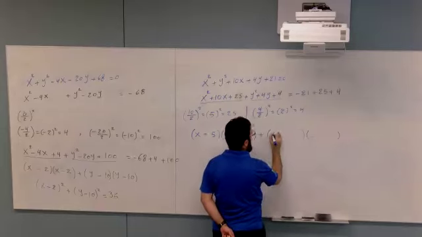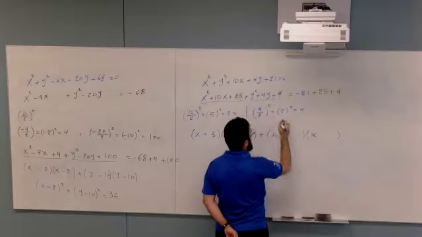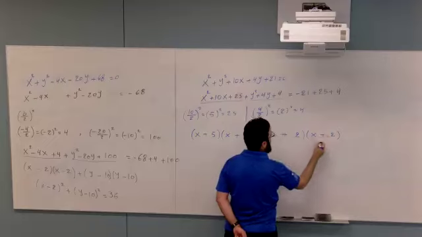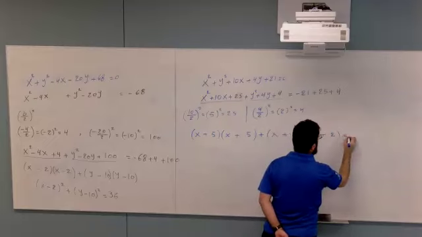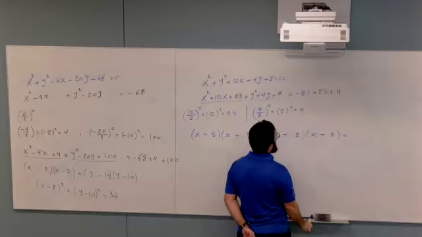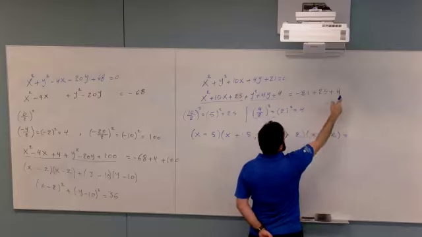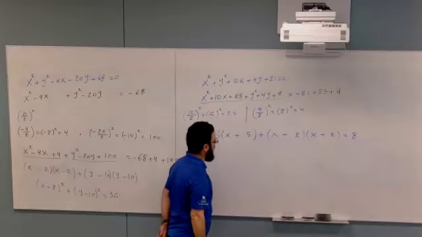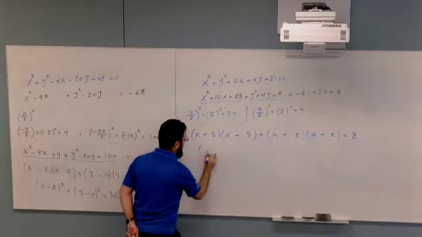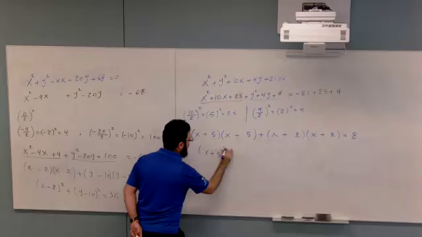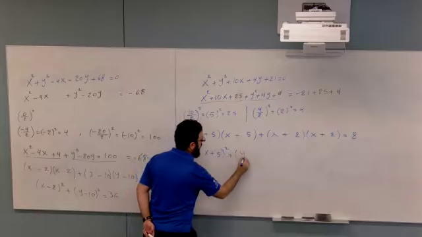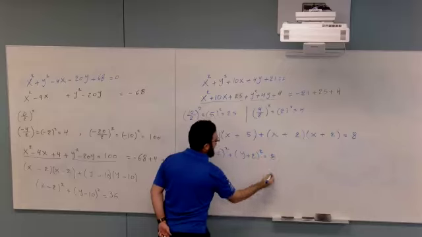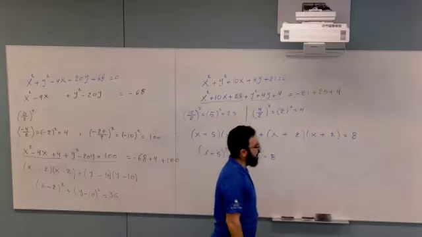Parentheses, x, 4, which is 2 times 2, and both should be positive, so we can get the sign. How much is going to be here? 4 plus 4. Is that okay? Now this one is going to be x plus 5 squared plus y plus 2 squared equal. That's it.